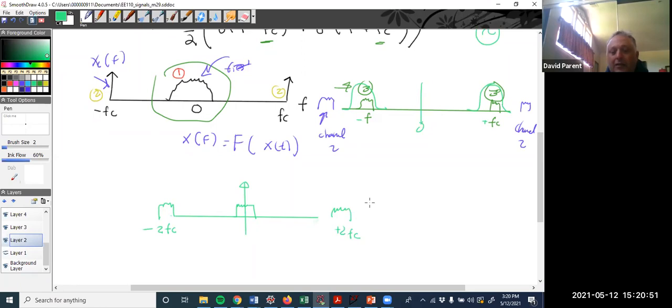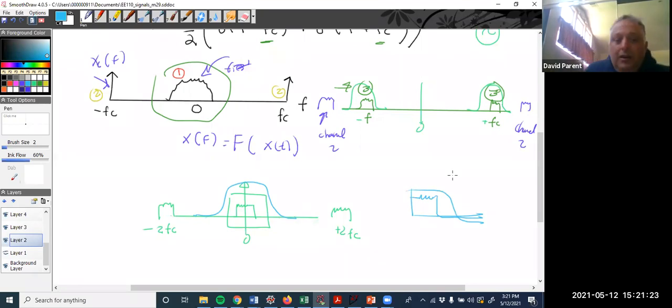All right. So now I've got back my original data centered at 0. This is my original data, but I still got this, right? How do I get rid of it? Well, because I've got positive, negative frequency, I kind of draw it around the center. But if I wanted this, I would draw a low pass around it, okay?